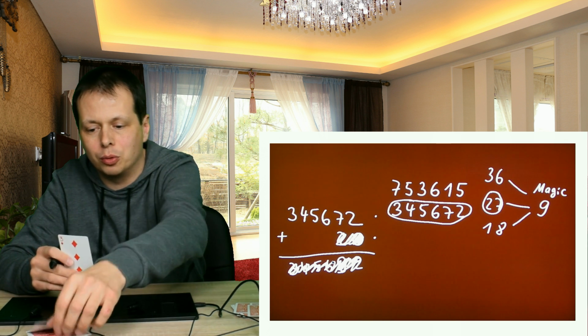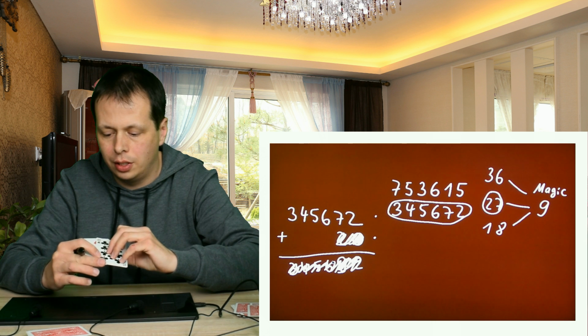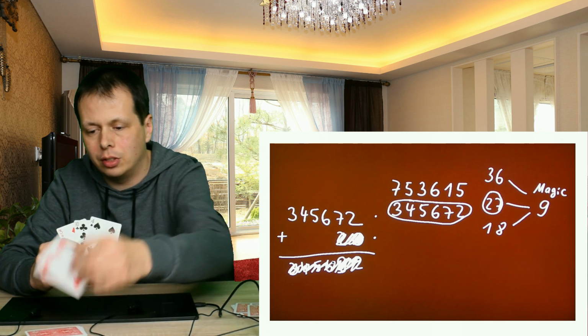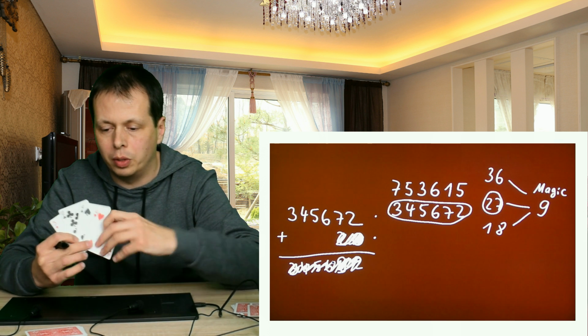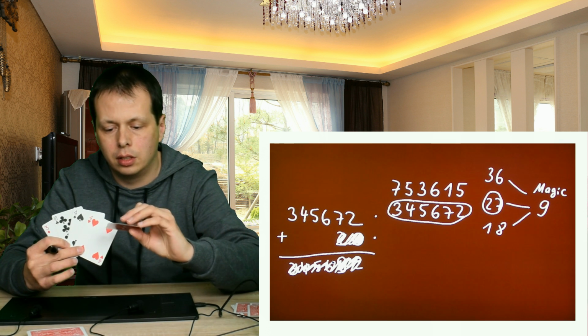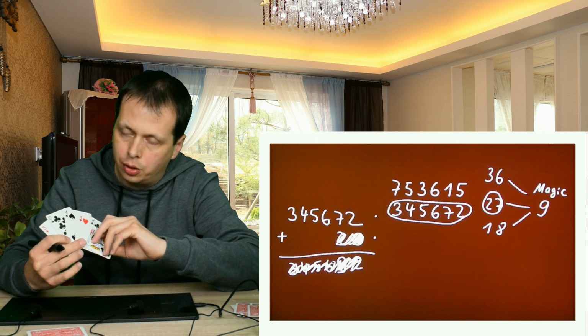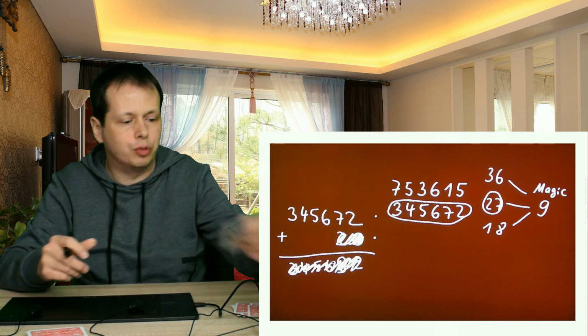Let's choose another age. 10 and 3 is 13, and 4 is 17, 21, and king is 13, so 34.